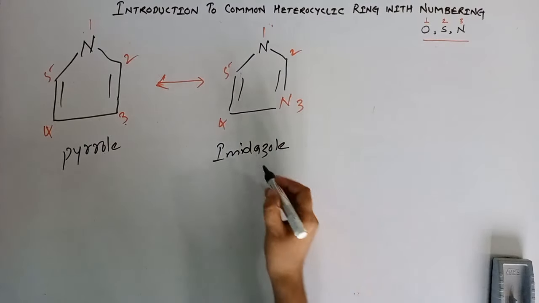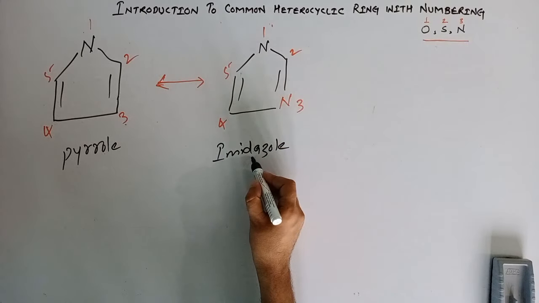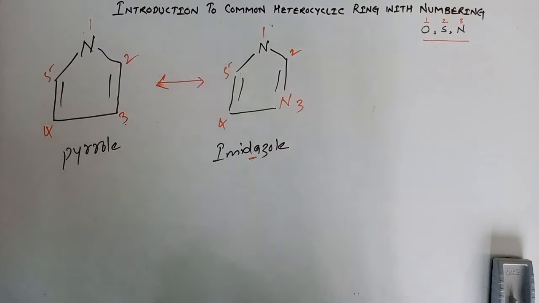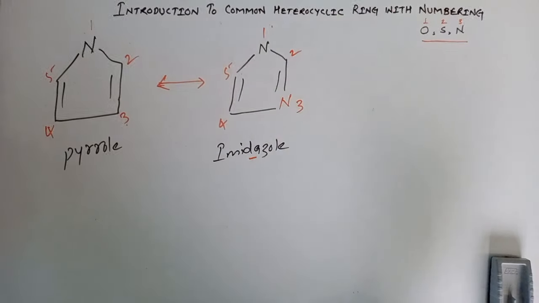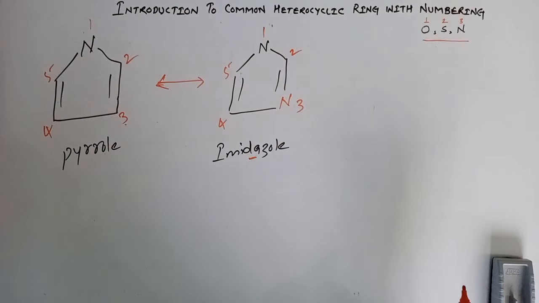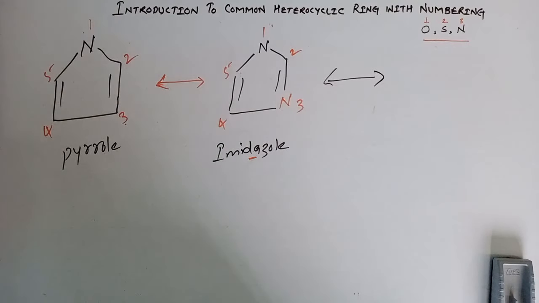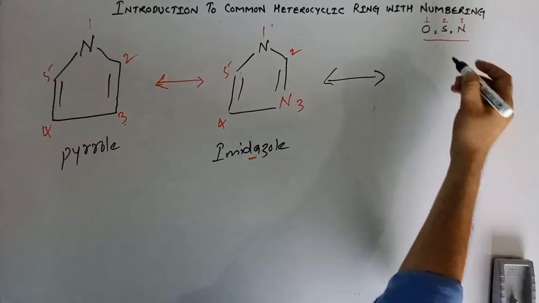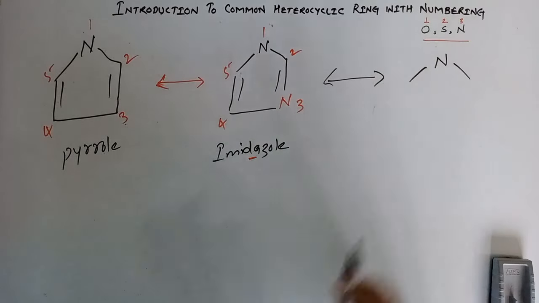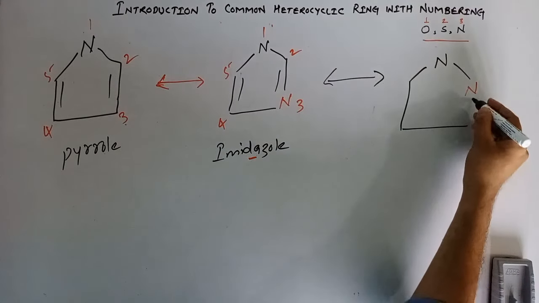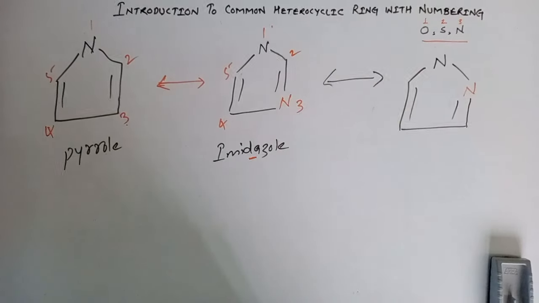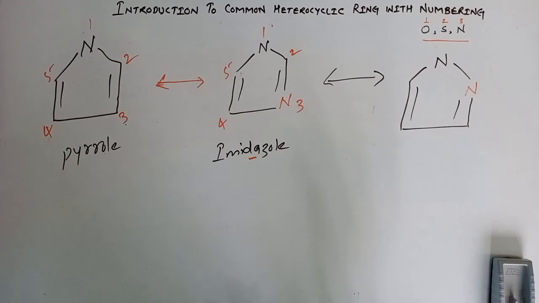You can memorize the structure of imidazole by memorizing the 'Di'. Di means 2. Imidazole means 2 nitrogens, at the first and third positions. Now another isomer of imidazole is like this, in which nitrogen is present at the 2 position.